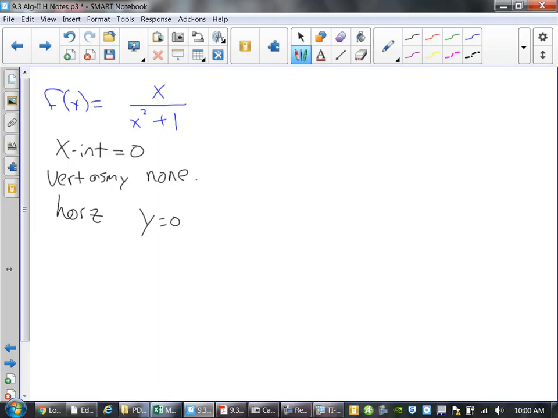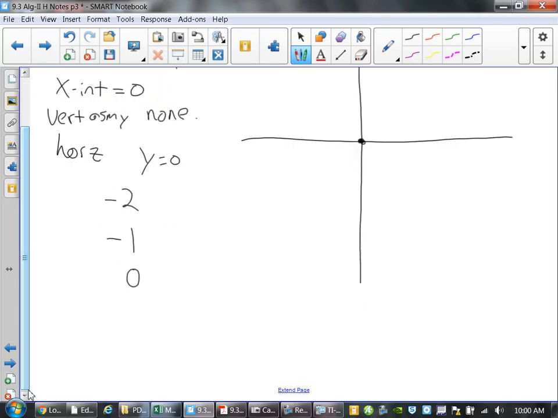And now it's just a matter of plotting through. Pick values: -2, -1, 0, 1, and 2.